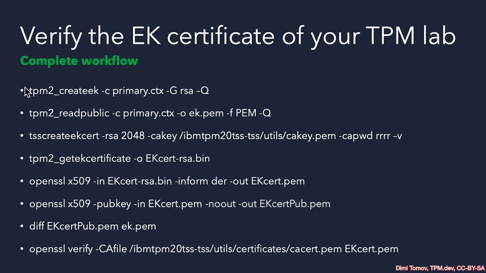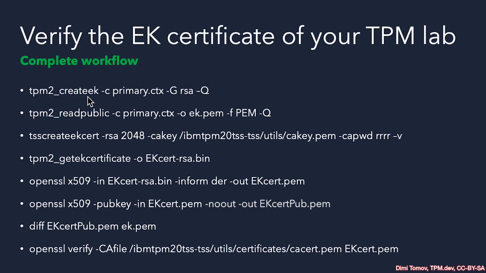Here is the complete workflow to verify your TPM simulator as genuine and having an EK certificate. First, we need to create an EK because we need the public key part of that EK. Then we need to extract that EK public part in a readable form or in a good form for comparison, which in this case is the PEM format. Then we create an EK certificate for our EK.